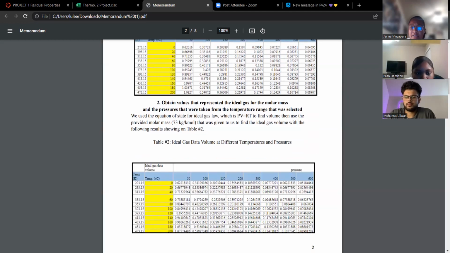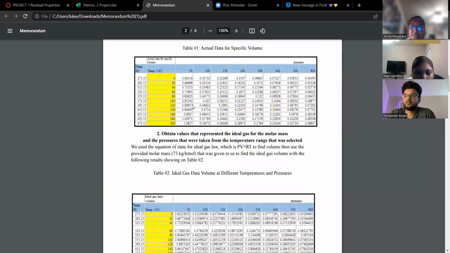This table is showing us our actual data for specific volume. Continuing, we obtained values which represent the ideal gas for our molar mass and the pressures taken from our selected temperature ranges. From there, we used the ideal gas equation of state, PV equals RT, to find the volume.